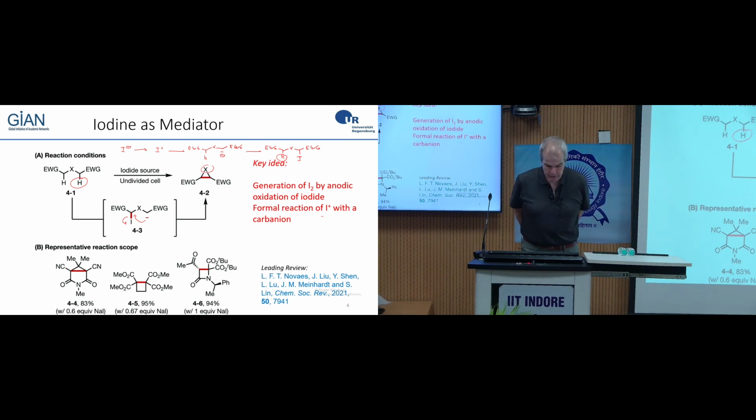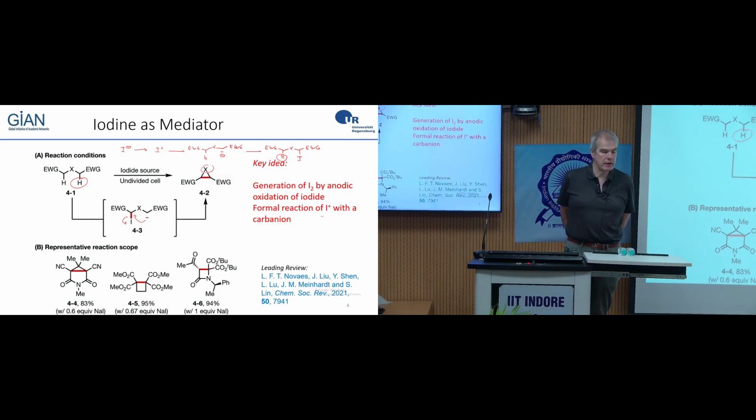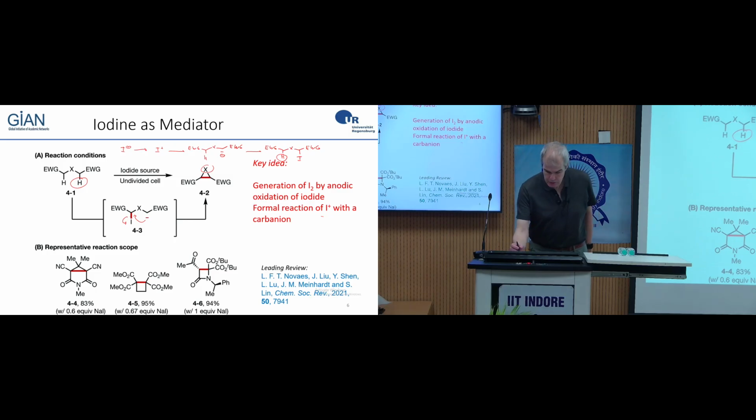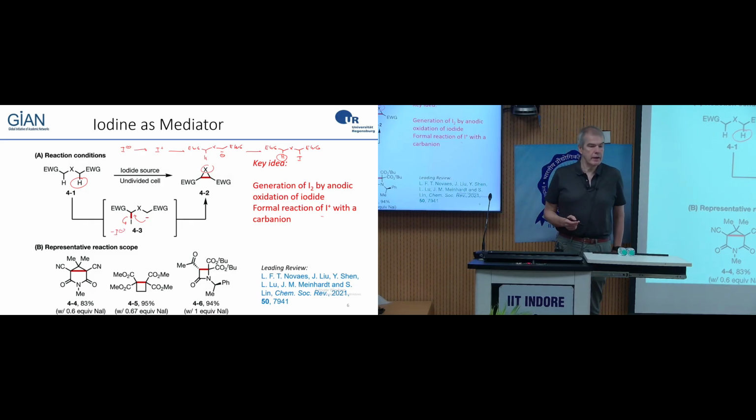And again, I think this is pretty exciting, because in principle, this should be again catalytic in iodide. Because what you do here, of course, is you generate I plus, but then the I plus combines with the anion, and then you throw out the iodide in this elimination reaction. In the end, you have essentially regenerated it, right?